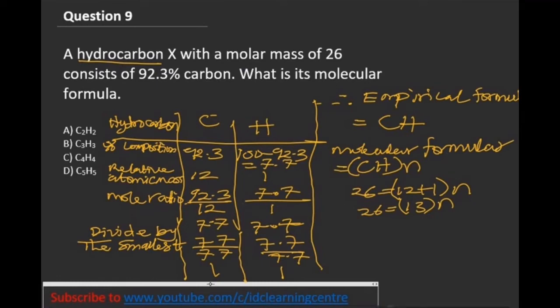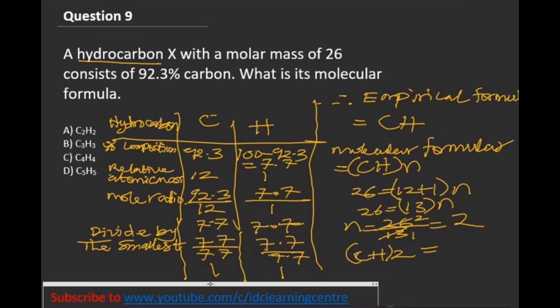Making n the subject of the formula, we say n equals 26 over 13, which will give us 2. So our n is 2. So we say (CH) in brackets, and our n is now 2. This 2 is a multiplier of everything inside the bracket, the CH.